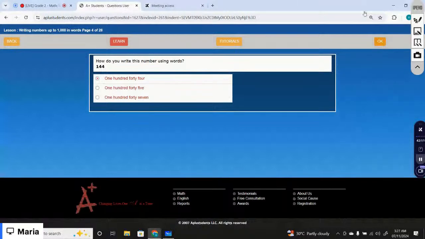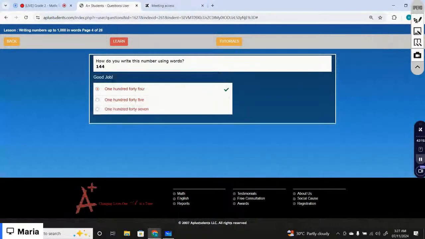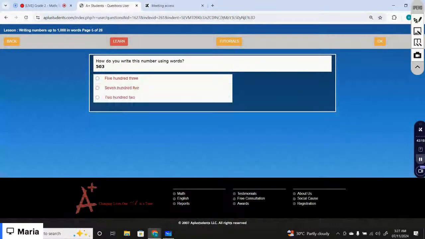Got it? 503. So which is the correct option? That is option number 1. 503 it is.